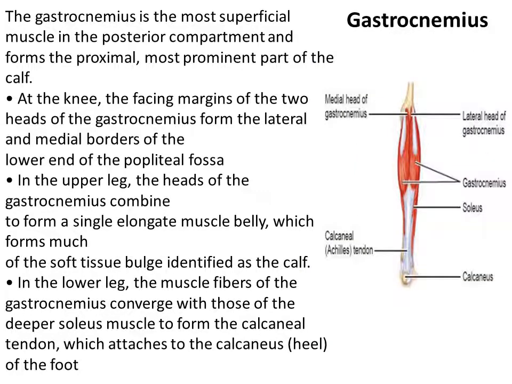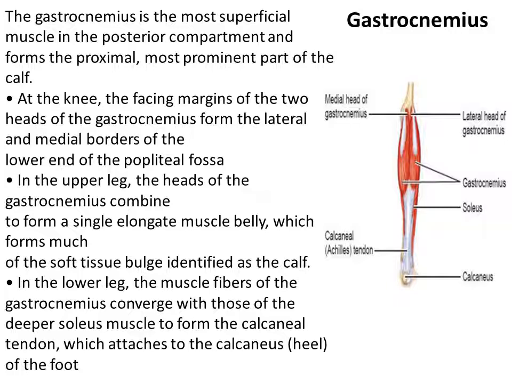The gastrocnemius is the most superficial muscle in the posterior compartment and forms the proximal, most prominent part of the calf. At the knee, the facing margins of the two heads of the gastrocnemius form the lateral and medial borders of the lower end of the popliteal fossa.